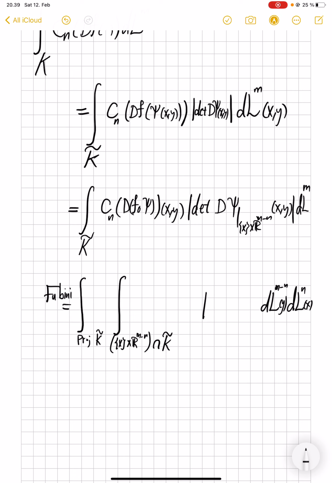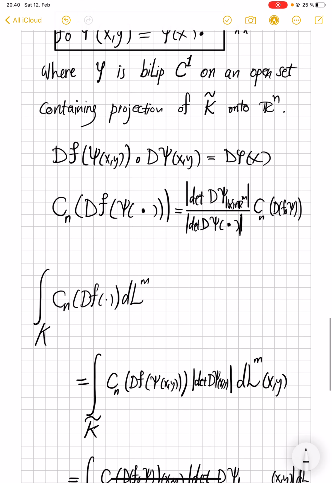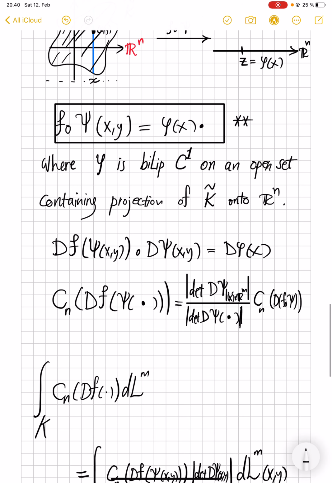Now I want to copy and paste this verbatim, computed at xy, the determinant. For this one, we actually have a simpler quantity. f o psi is just this function phi. That's the double star formula. So its derivative is just the derivative of phi, and its Coarea factor is just the usual Jacobian of phi, because phi is between equal dimensions.